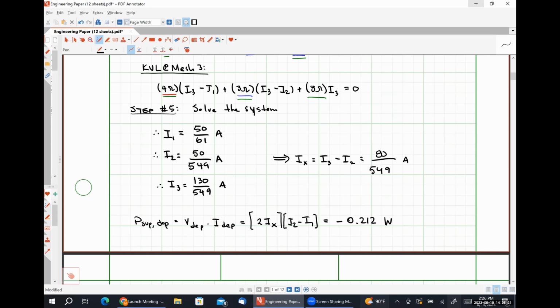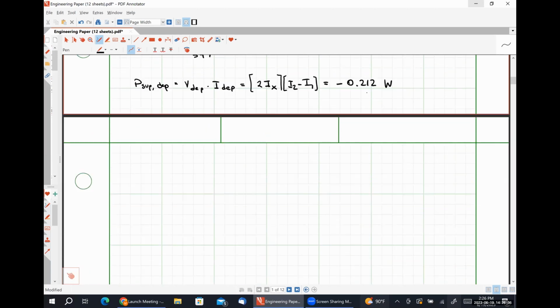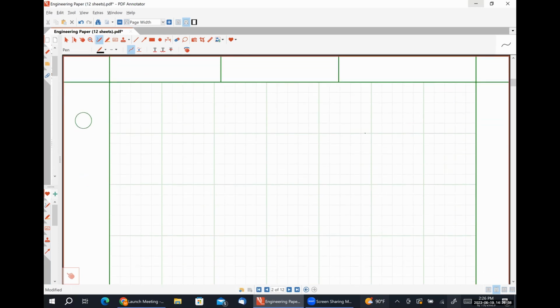Let's look at homework 7 problem 2, at least setting it up. No dependent sources, but it does look like it's going to have 5 meshes for us to deal with. So I guess an assumption I would have, if it has 5 meshes, would that be 5 equations?